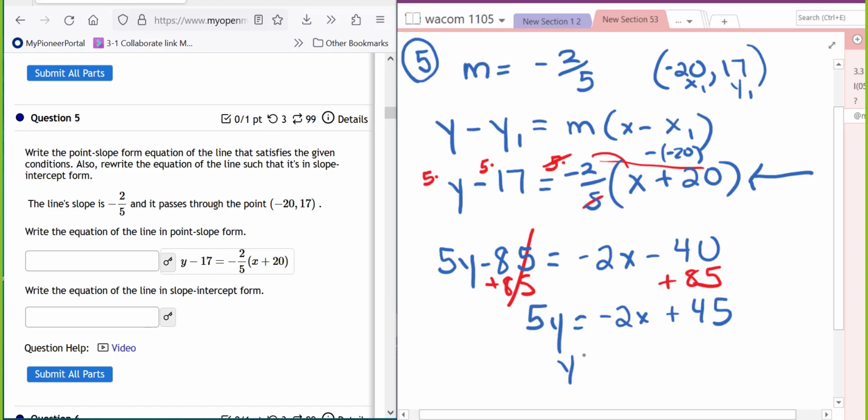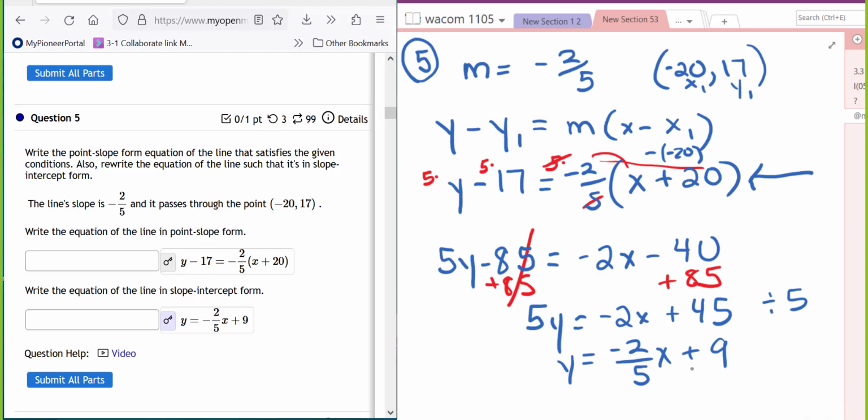So I get y equals -2/5 x plus 9. All right, I'm dividing by 5. So this should be my answer in slope intercept form, -2/5 x plus 9. Any question? Right.